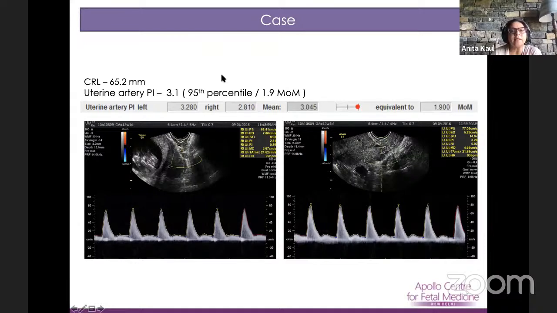So to illustrate it, I'm just putting up a case. These were the uterine arteries. You would agree that it was above the 95th percentile. So it was 1.9 MoM, and therefore it was high.